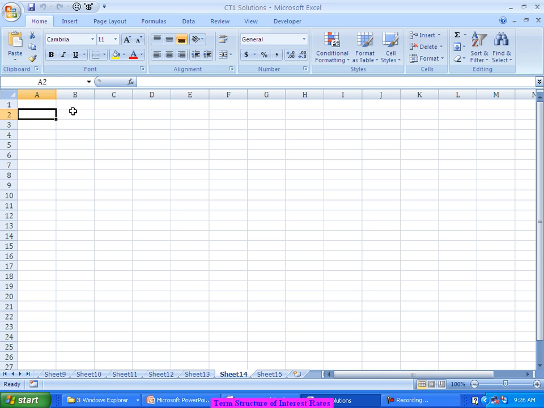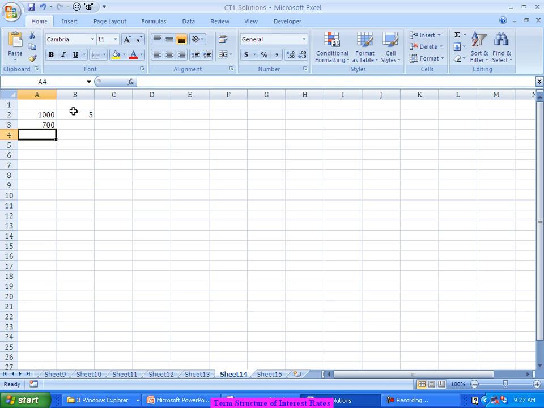Let's assume, for simplicity, there is a fixed deposit which is going to pay us 1,000 after 5 years, and we are asked to deposit 700 today. We are told that you deposit 700 today and that will give you 1,000 after 5 years.